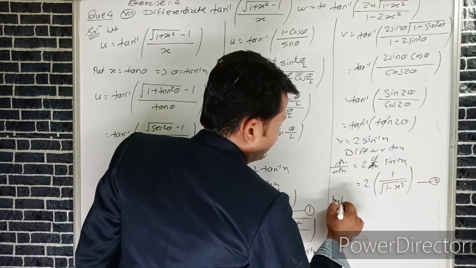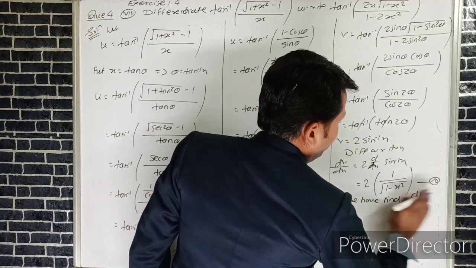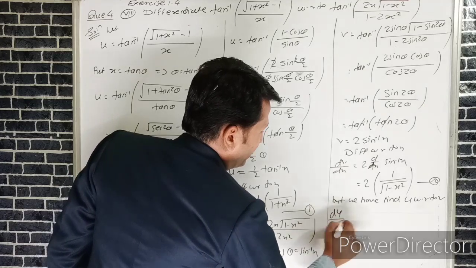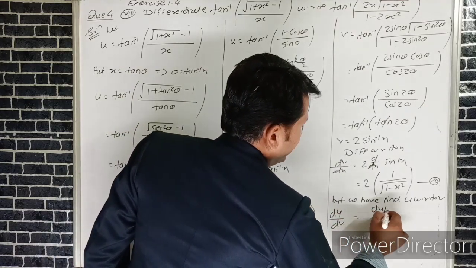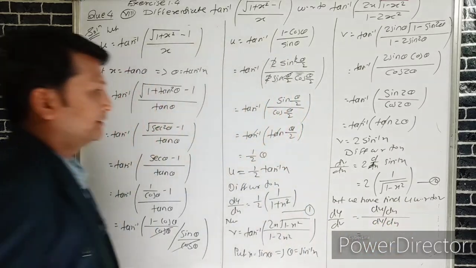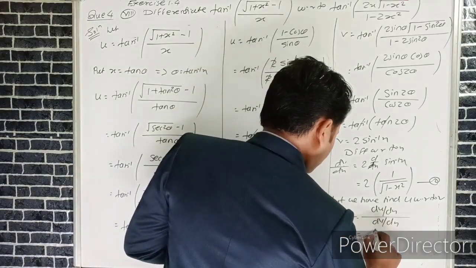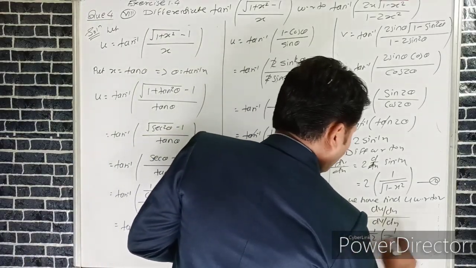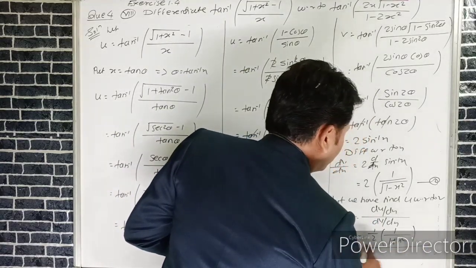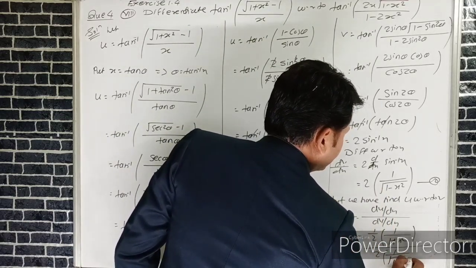But we have to find du upon dv, or u with respect to v, that is du upon dv is equals to du by dx upon dv by dx. Here we know that du by dx is 1 by 2 into 1 upon 1 plus x square, upon dv by dx, which is 2 into 1 upon under root of 1 minus x square.